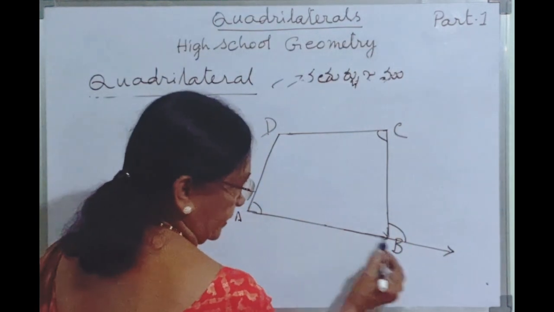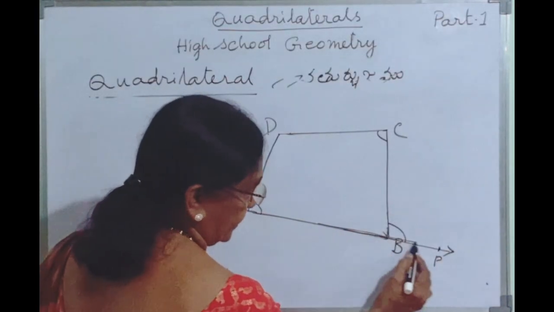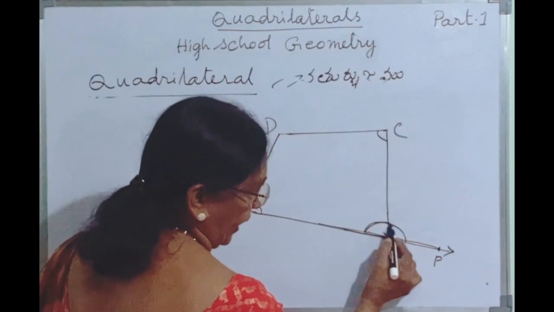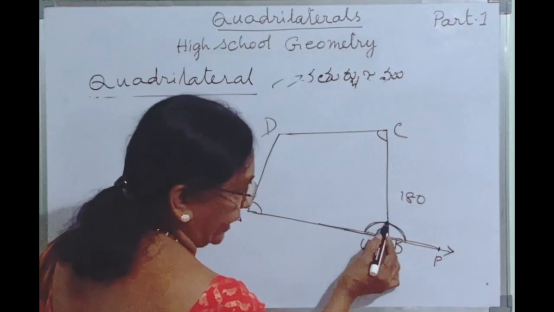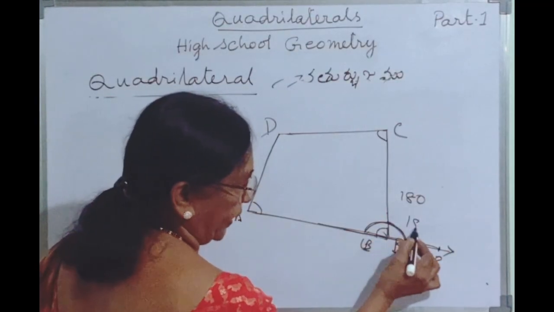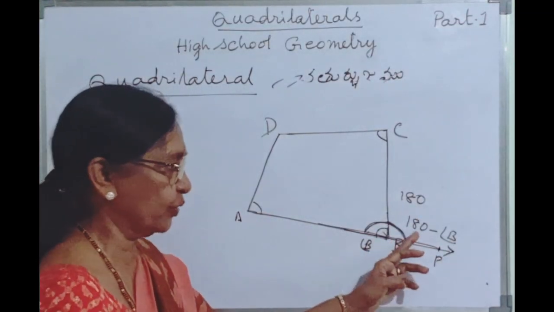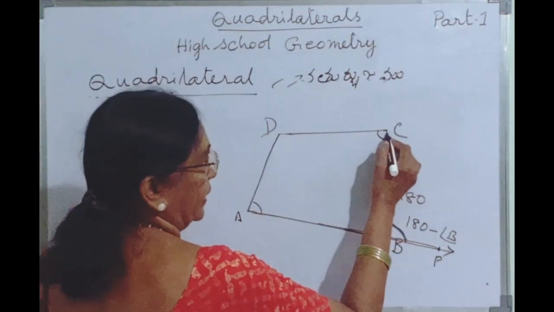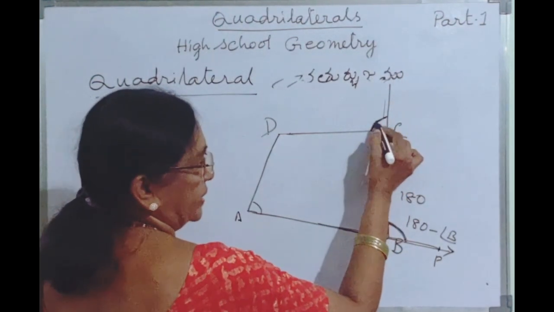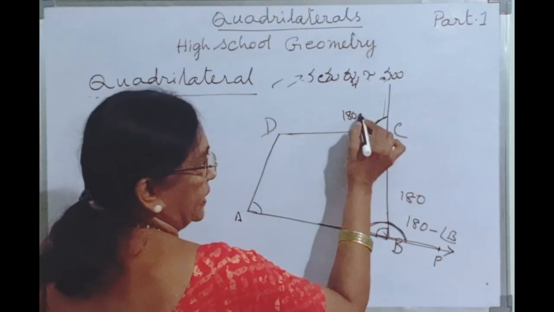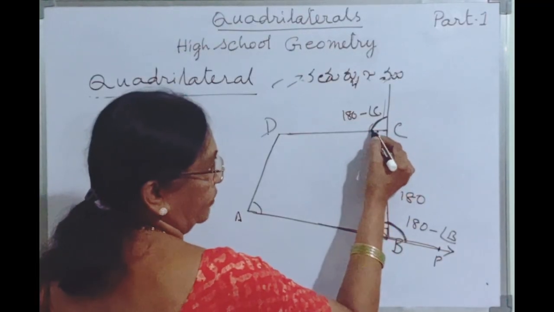Let this be point P. As this is a straight line, the total angle is 180 degrees and this angle is angle B. Therefore, the exterior angle at B is equal to 180 minus angle B. Similarly, extending BC, this exterior angle is equal to 180 minus angle C. The total angle is 180 and subtracting this angle we get this angle.